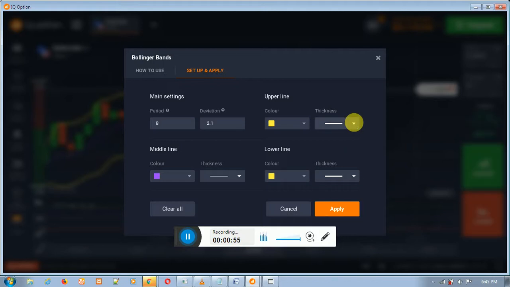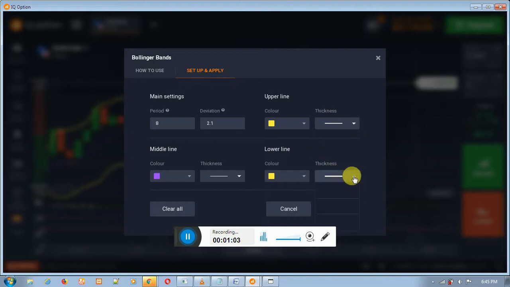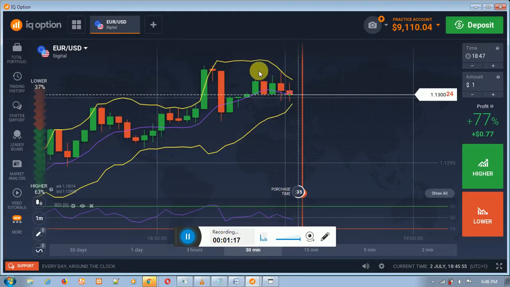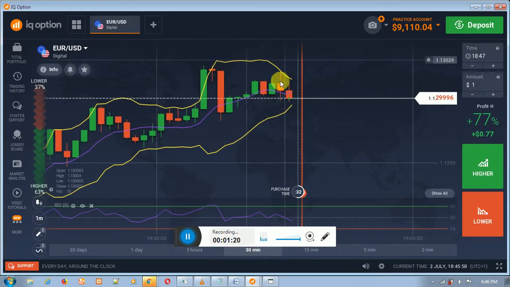See, I decided to go by this middle thickness, and I equally decided to go by this middle thickness. So I'm going to leave the moving average, which is the middle line, as it is. Then I apply. This is the upper Bollinger Band, and this is the lower Bollinger Band.